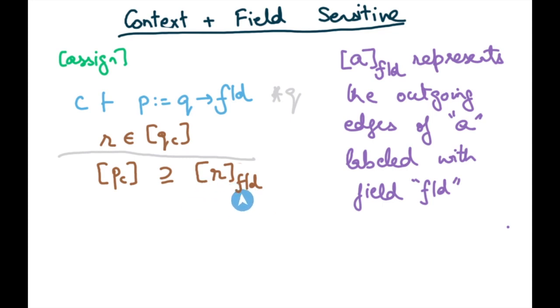So that's what this notation means. I update the outgoing edges of PC using the outgoing edges labeled with field of R. In other words, in the constraint form, the outgoing edges of PC should be a superset of the outgoing edges labeled with field of R.